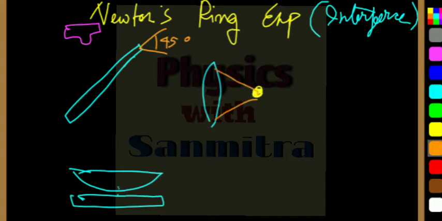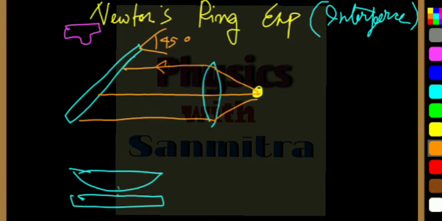Now this monochromatic source is emitting the rays. Since it is at the focus, the rays will be parallel after emerging out from the lens. So part of the rays get reflected. Since it is 45 degrees, it will go straight down. It is going down.